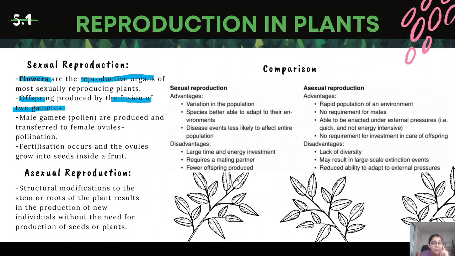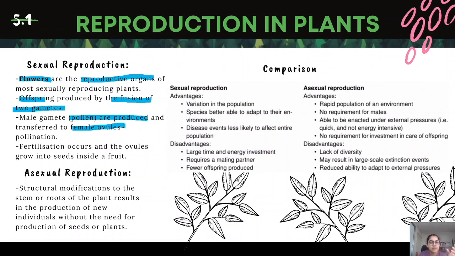And the male gamete, the pollen, is produced and transferred to female ovules, and that is pollination. Fertilization occurs after pollination has happened, and the ovules grow into seeds inside a fruit, and that is the result of sexual reproduction.